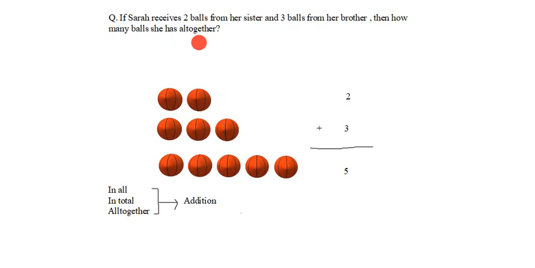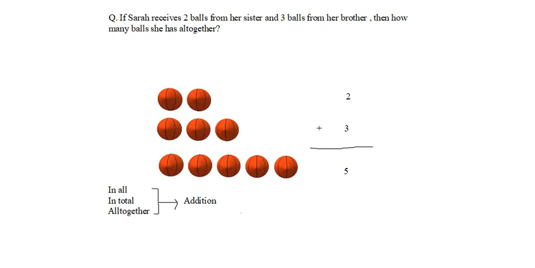Rather, we will use addition, which we did in our previous lecture. When we have statements like in all, in total, or all together, we will use addition. You have to keep this in your mind. But if you have statements like remaining or left, then you have to do subtraction.